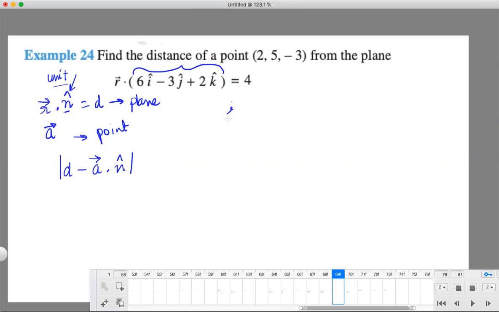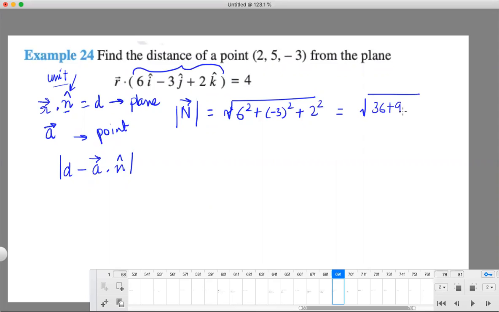What is the modulus? Let's first find the modulus. 6 squared plus minus 3 whole squared plus 2 squared is equal to the modulus of this particular vector. Now sir, this came to 49. 36 plus 9 plus 4, 49, which is 7.